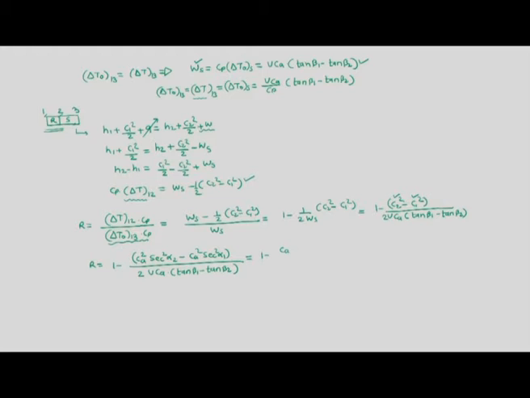We can get it as Ca upon twice U into tan square alpha 2 minus tan square alpha 1 divided by tan beta 1 minus tan beta 2.